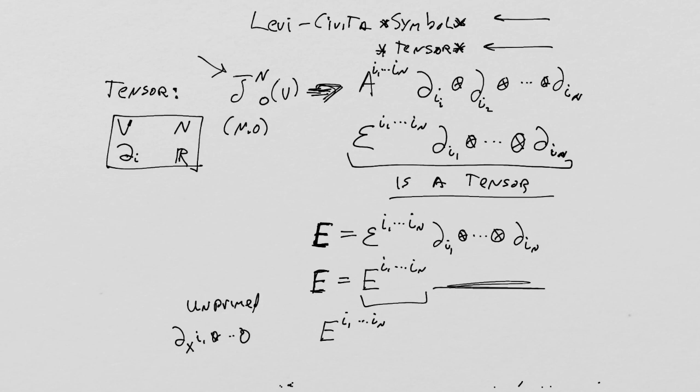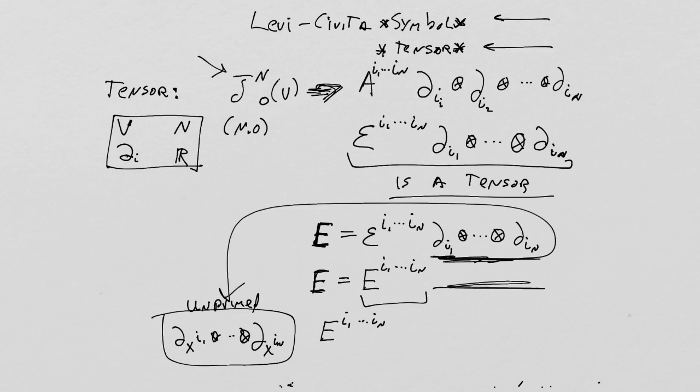This is all shorthand, right? Everything is shorthand, and with so much shorthand things get confusing. This is literally what this means. So we have the unprimed coordinate system, and I'm saying that the components of the tensor E in that unprimed coordinate system take on the values of the Levi-Civita symbol, and that is perfectly good.